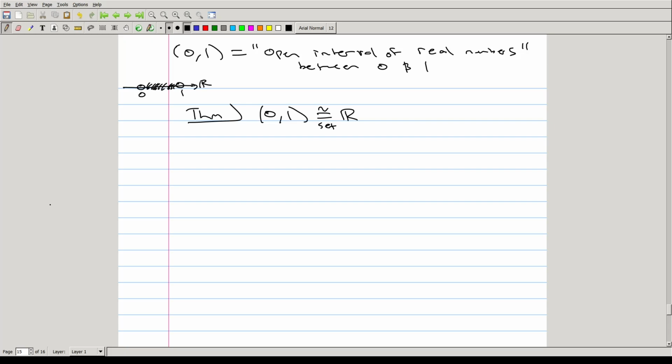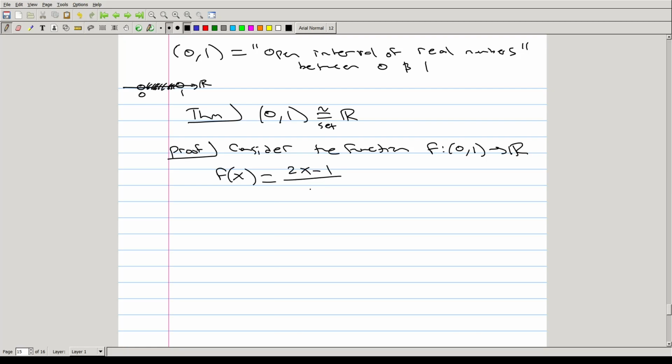Relatively straightforward to do this. And you can consider the function to prove this, from (0, 1) to R, specifically defined by (2x minus 1) over x times (1 minus x).